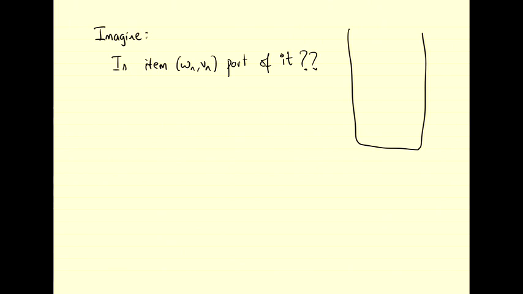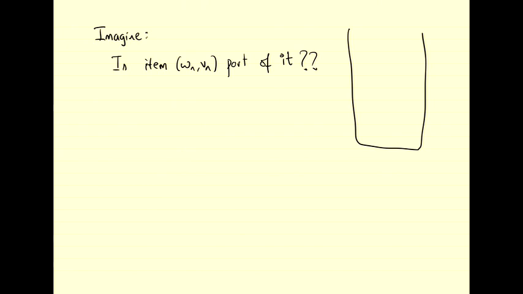So if it's not part of it, you're only allowed elements from 1 through n minus 1. If it is part of it, again, you put it in there, and you're still only allowed elements from 1 through n minus 1, right?